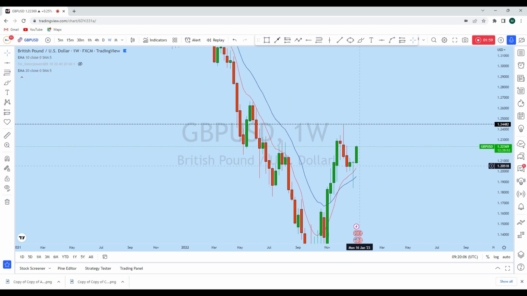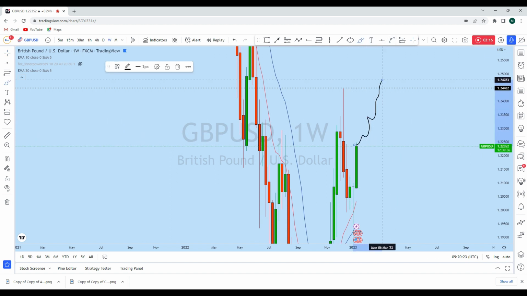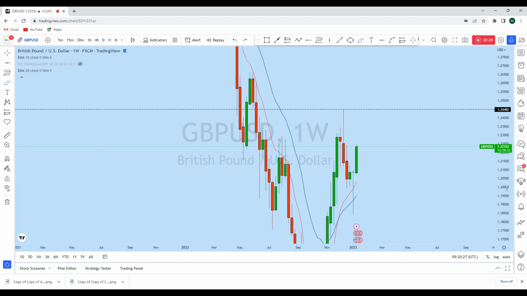And once the candle closed, we see that there is no effort from the seller. Instead of selling pressure, we have seen buyers push the price higher with a gap opening. Because there is no significant resistance coming up, we could see GBPUSD continue to go up at least to this level or even break this high.